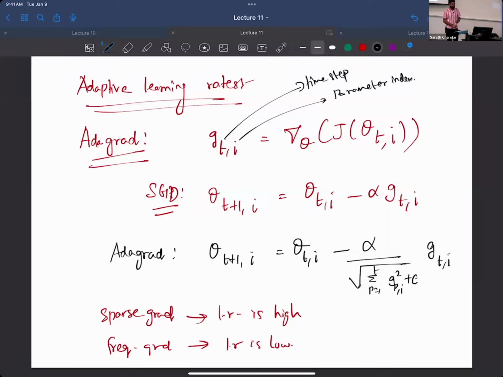If you are randomly initializing and you're starting with some random function, you might get a large gradient in the beginning. This large gradient is going to dominate this root mean square, and you're immediately reducing the learning rate. So that is a potential issue. Any other issues?